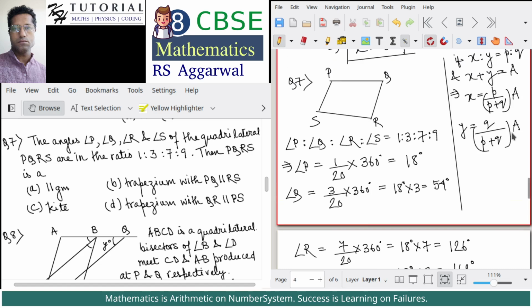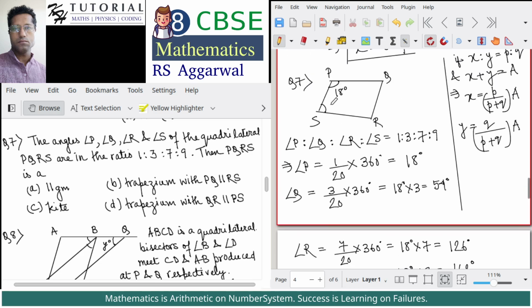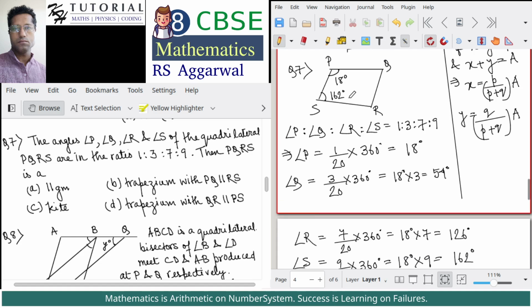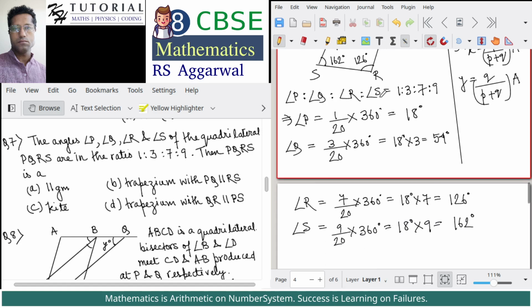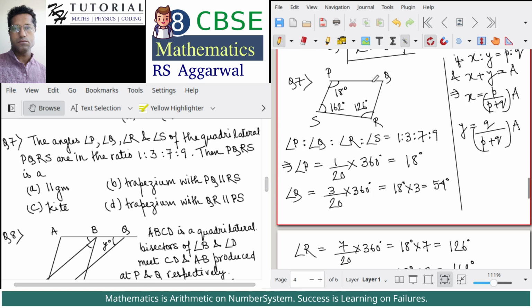So we have P as 18 degree, S as 162 degree, R as 126 degree, and Q as 54 degree.